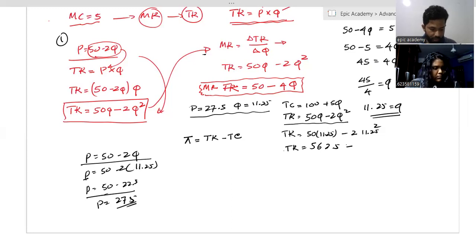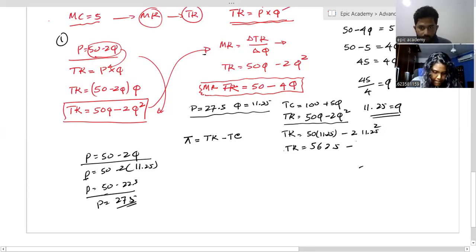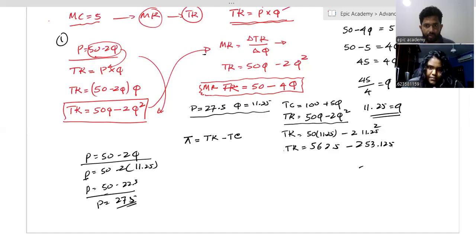Do you have a scientific calculator? Yes, I have. Is that value okay? 250.125.